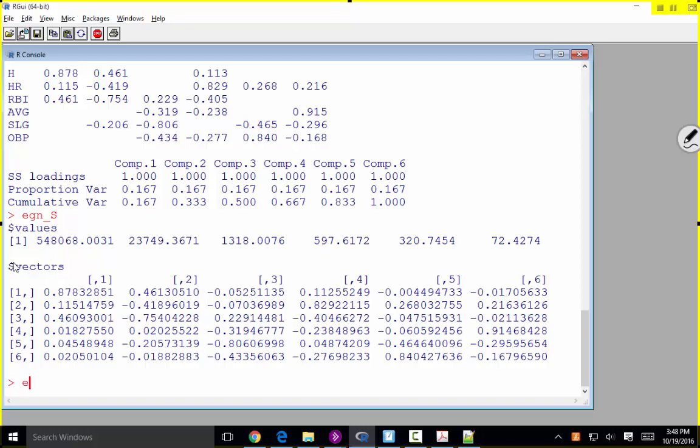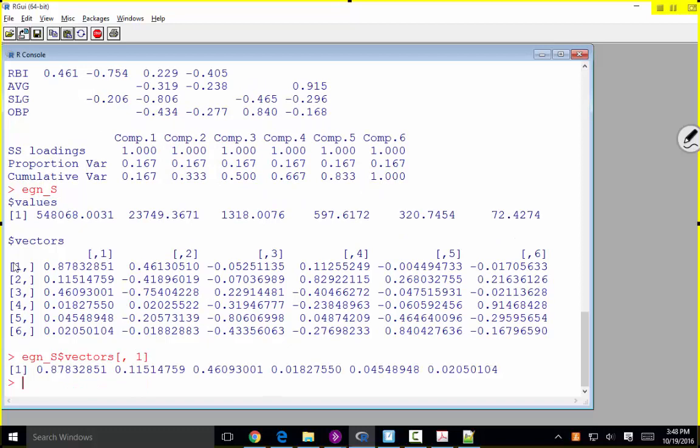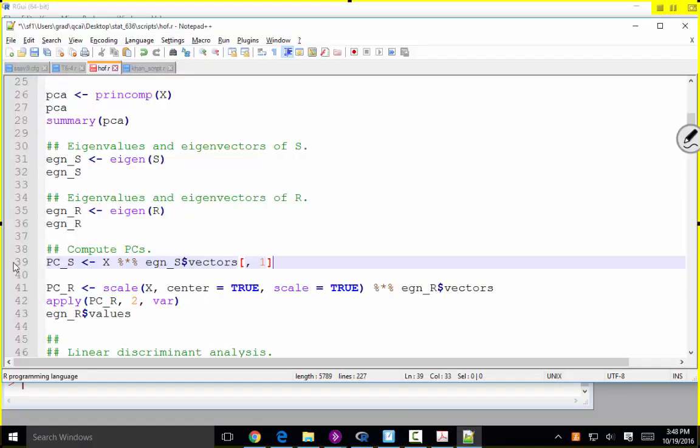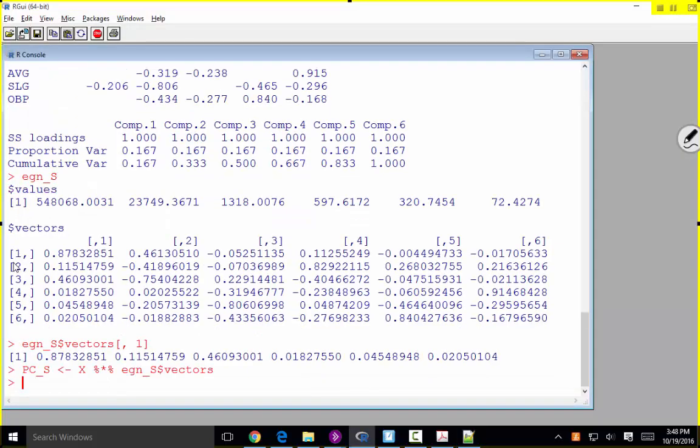So if I say eigen S dollar vectors, first column, it's that first column of coefficients. So I can do the linear combination for all n people at once with this command. N by 6 times a 6 by 1 gives me back n by 1. This would be the first principal component. What I can also do is compute all of them at once. This is going to give me back an n by 6 matrix where each column is a principal component.